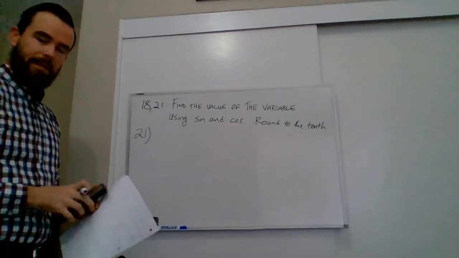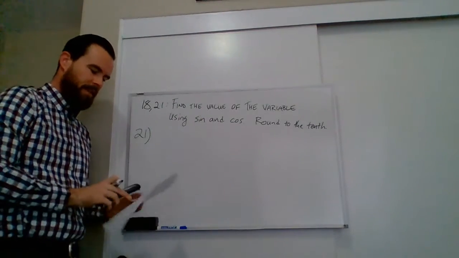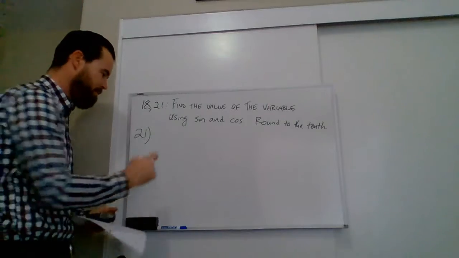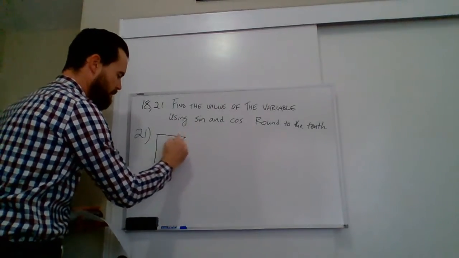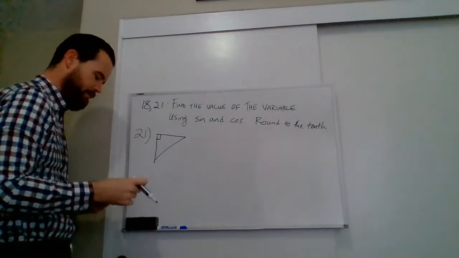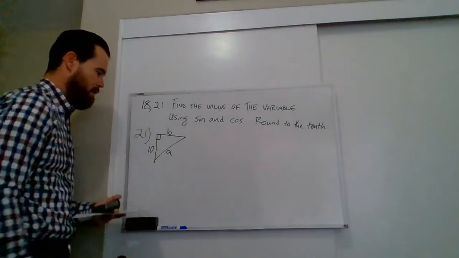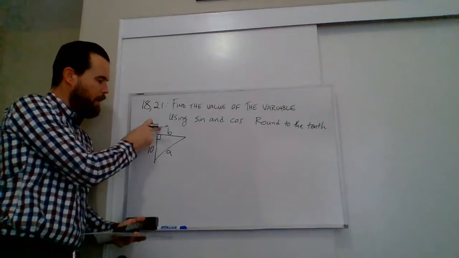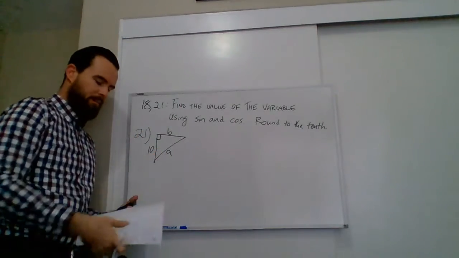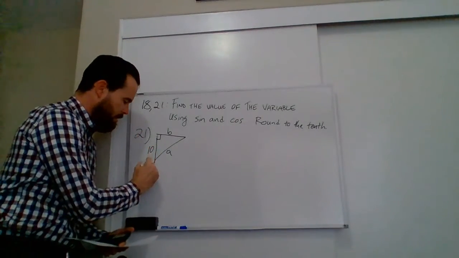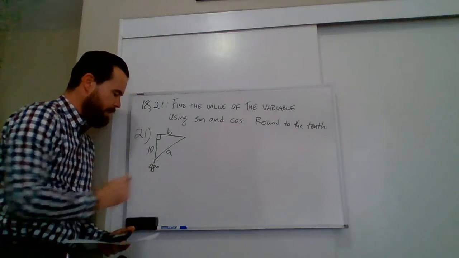21, we got these same instructions. Find the value of the variable of this triangle. Got 10 on this side, B up top, and A is the hypotenuse this time. And then this angle measure is 48 degrees.